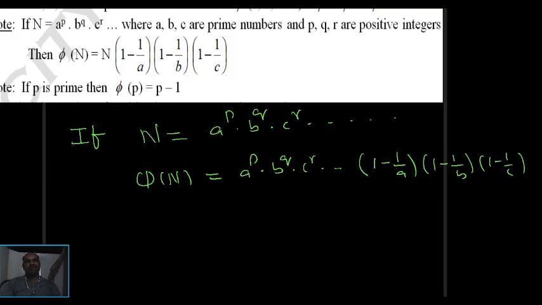Using this formula, you can find it. Instead of this, I can write n, that only is given here. So this is the formula to find phi of n.